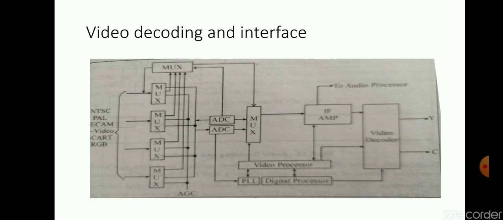Here the figure shows the video decoder and processing unit. The NTSC, PAL, SECAM or other inputs are applied to the multiplexer as all video signals are in digital format.